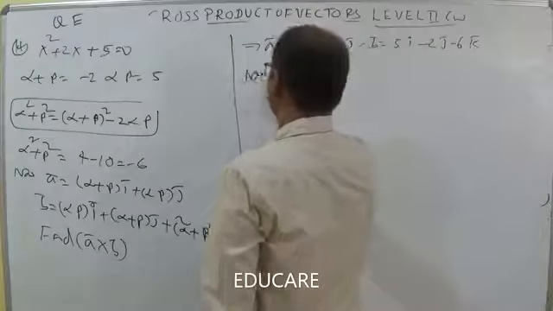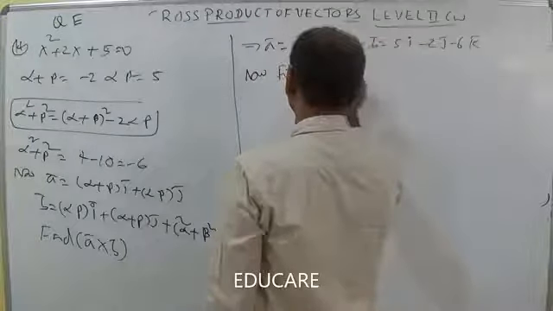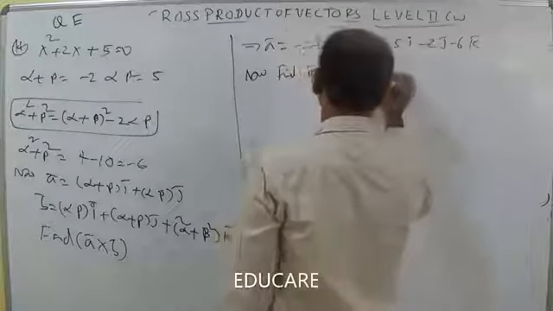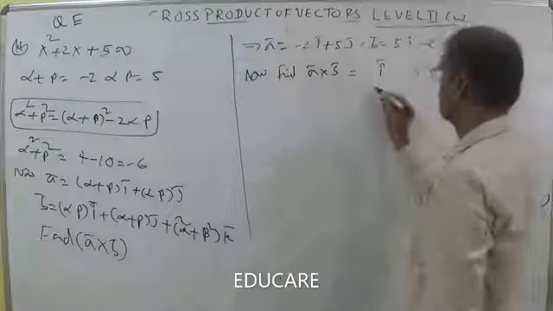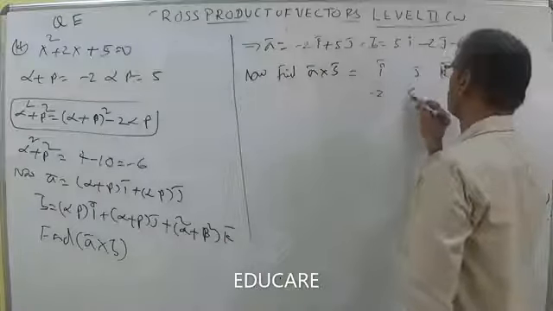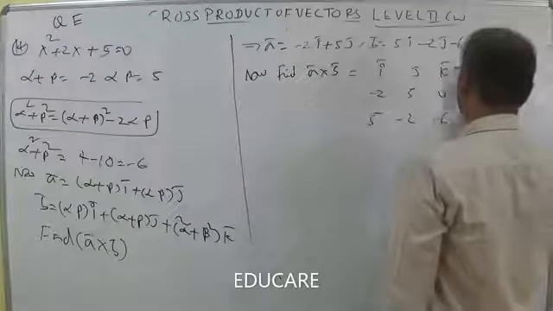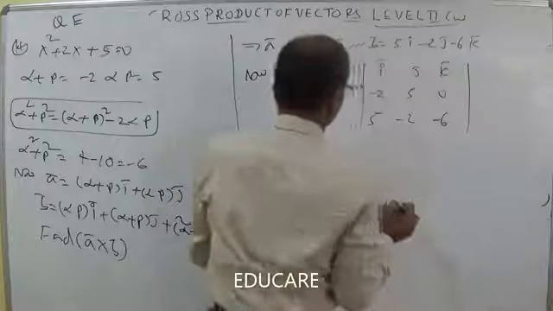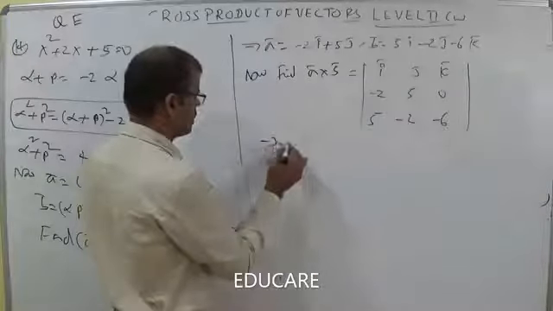Now you should find out the value of a bar cross b bar using the determinant property. I am writing here minus 2, this is 5, this is 0, and this is 5, this is minus 2, this is minus 6. Using the data you can write here minus 30 i bar.